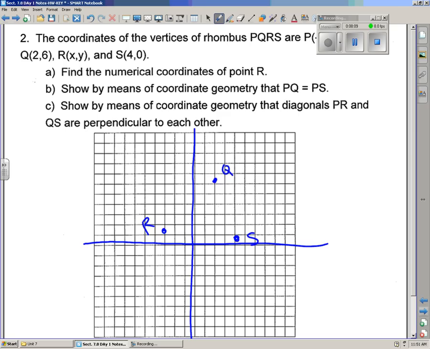So the idea is we know we have a rhombus, which means all the sides have to be the same. So we know that if we were to connect the sides, it goes P, Q, R, S.